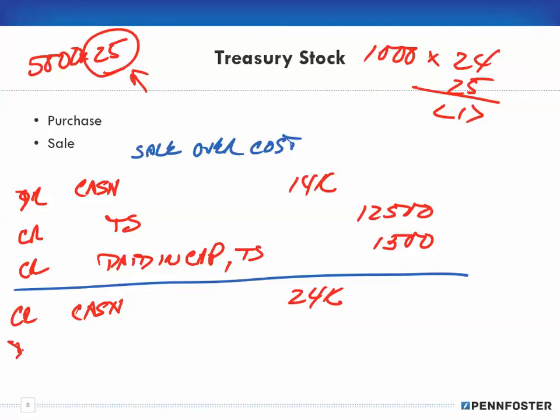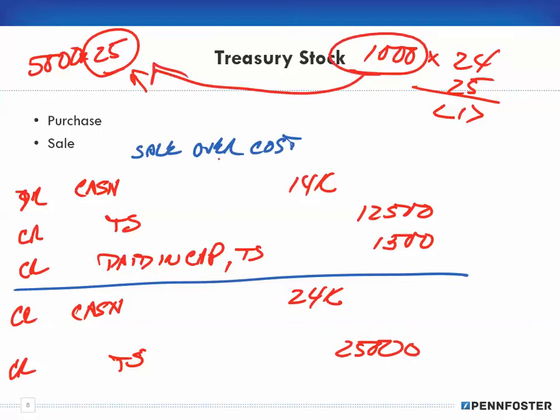Of course, we need to take it out of our treasury stock, so we're going to credit our treasury stock for the $25,000, because we're selling 1,000 shares at our cost of $25 a share.